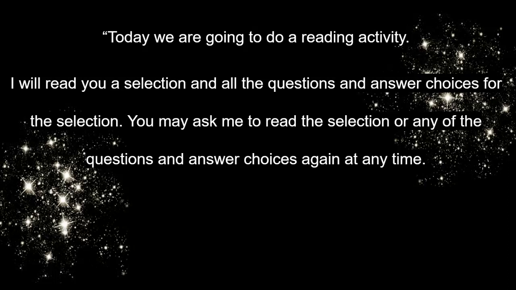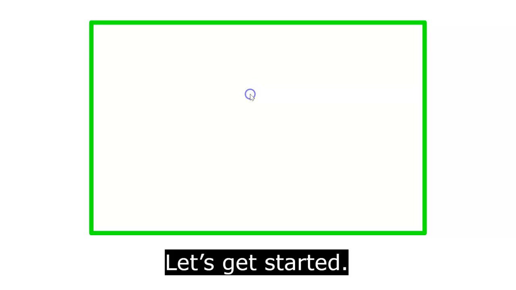If they never hear you say the word selection when you're referring to a text all year long, and then all of a sudden at the end of the year during Extend 1 testing, you say, I'm going to read you a selection, they're not going to know what a selection is in that context because they haven't been exposed to it. So that's the importance of doing this with fidelity and exposing them to it ahead of time before the end of your testing.